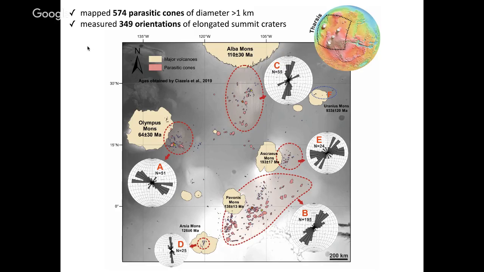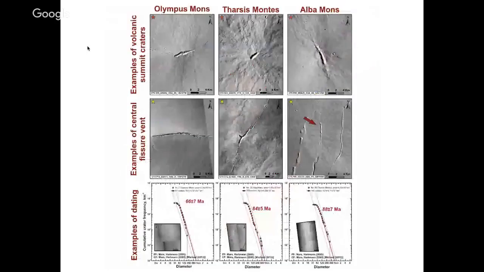So for example, this is Olympus Mons, and then all these volcanic cones in red are oriented with this orientation. And now, when we discuss orientation, this is what we measure, this summit elongated crater or summit fissure, okay?